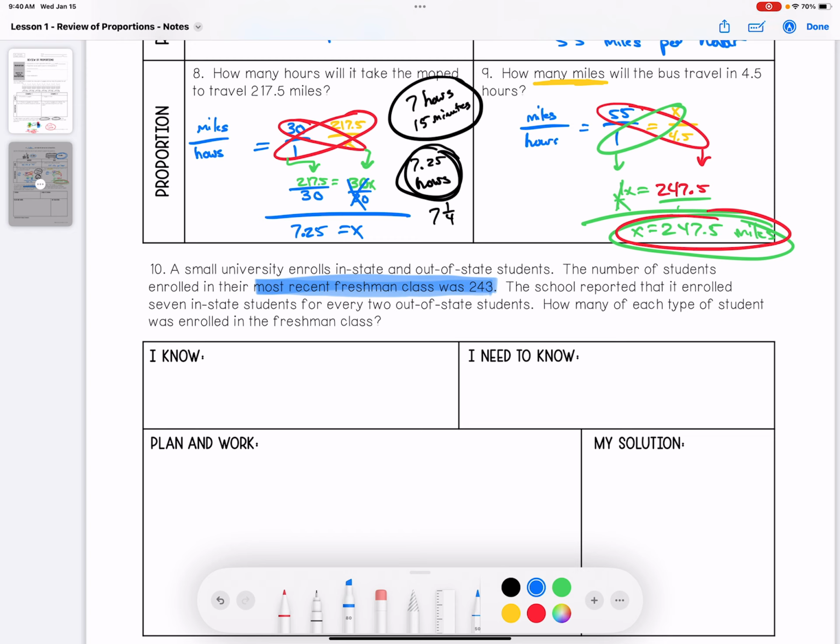The school reported that it enrolled 7 in-state students for every 2 out-of-state students. That's probably something we need to know. And the question is, how many of each type of student was enrolled? Okay, so those are the 3 things that I probably need.